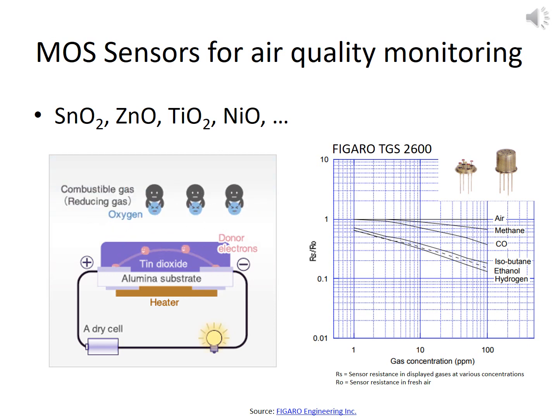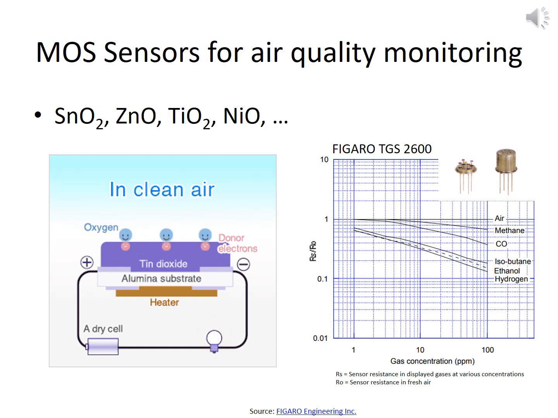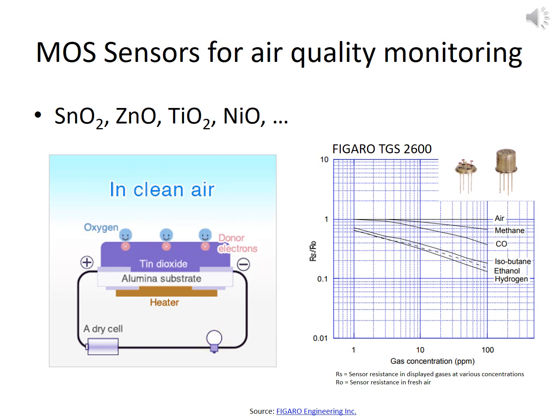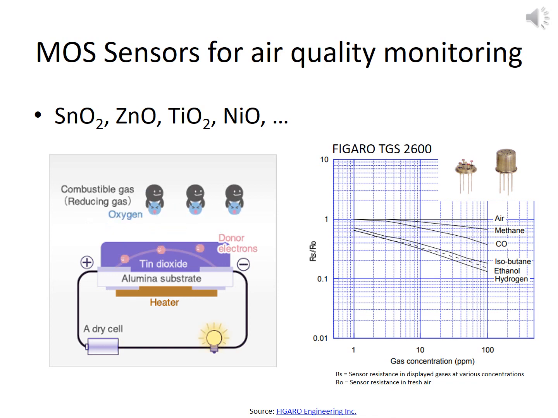Zinc oxide is another N-type metal oxide semiconductor that is used in gas sensing not only for its chemical and physical properties but also for its non-toxicity and low cost. Among P-type semiconductors, nickel oxide is an attractive material not only for its gas sensing properties but also for its application due to its catalysis and electrochromic properties.